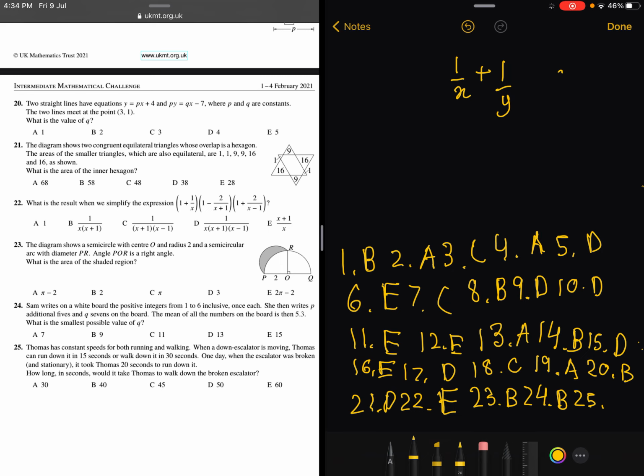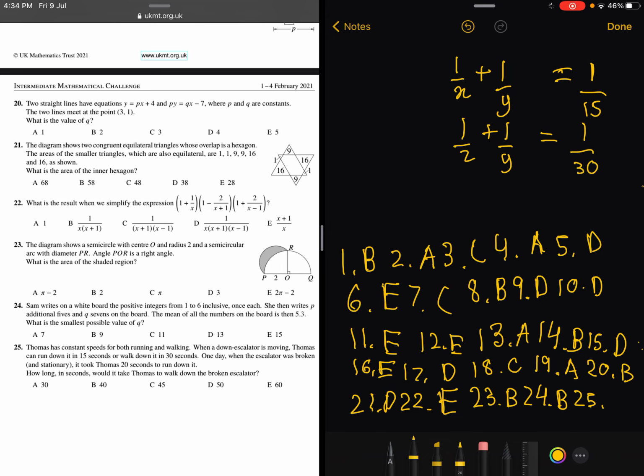So 1 over y would be the time taken by the escalator, and eventually that is equal to 1 over 15. Similarly, let's say z is his walking time, then 1 over z plus 1 over y is equal to 1 over 30.